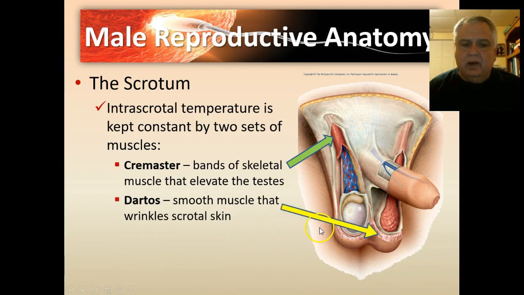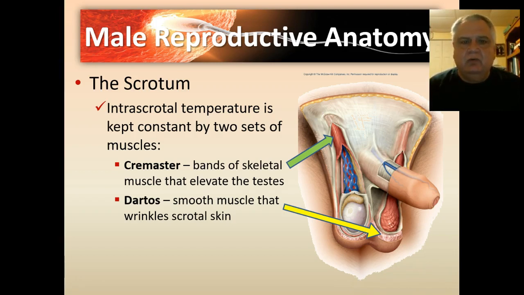In addition to the cremaster muscle, there is the dartos muscle. The dartos muscle is smooth muscle, and when it contracts, it wrinkles the scrotal skin. Every male knows, for example, if he jumps into a pool of cool water, that would not be ideal for sperm development in the testes. So what's going to happen?